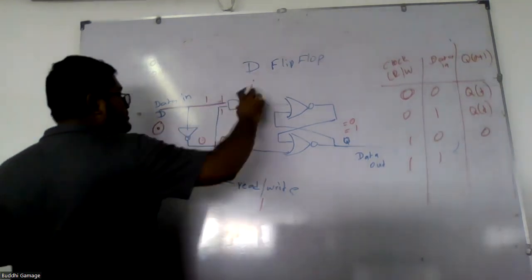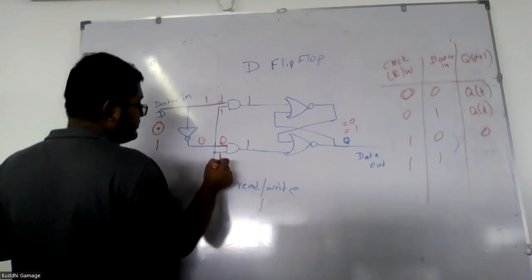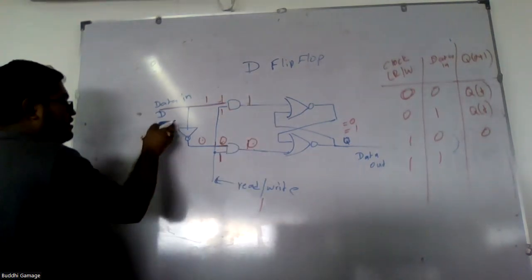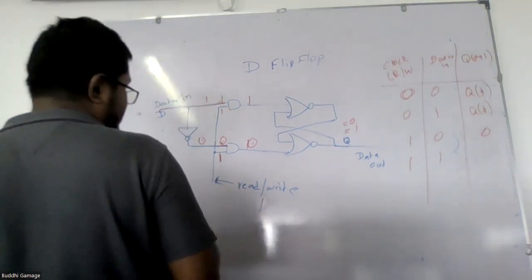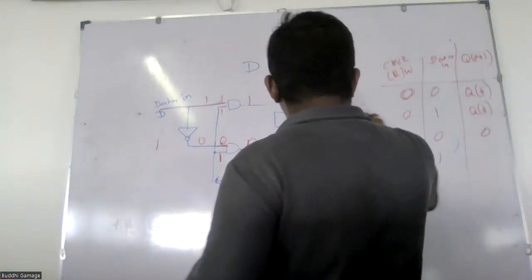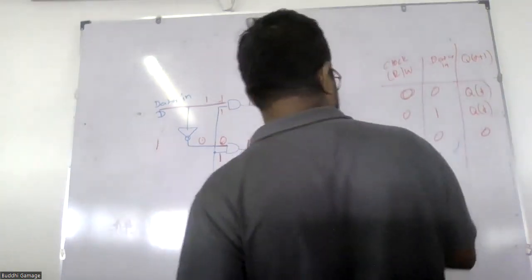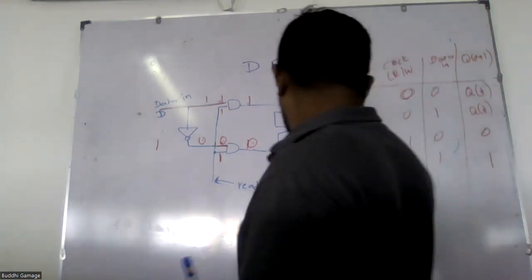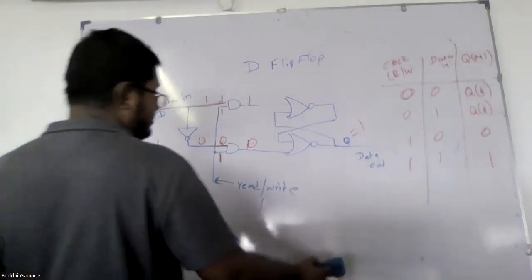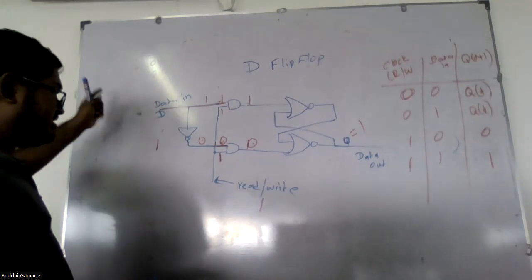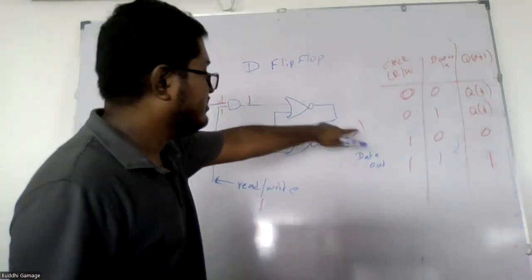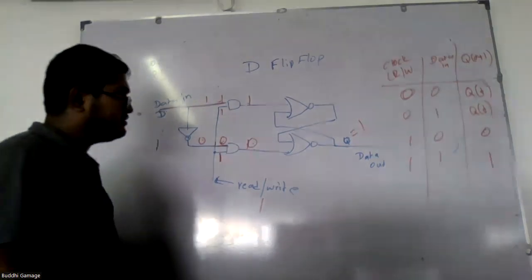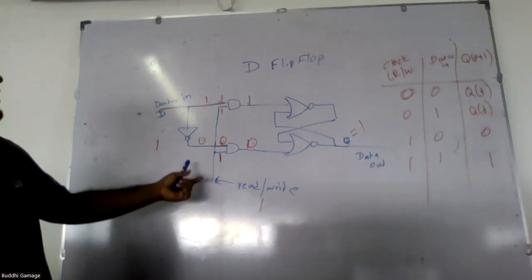So 1, 1 means this will be 1, and 0, 1 means this will be 0. So what is this particular state? It is the set state, right? So that means this will change to 1. If we enable the writing, then using the set state we can write the particular bit to this circuit, or this D flip-flop.